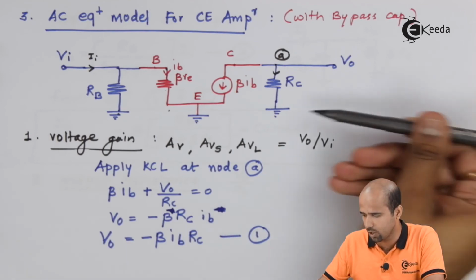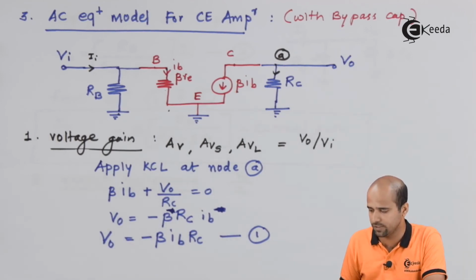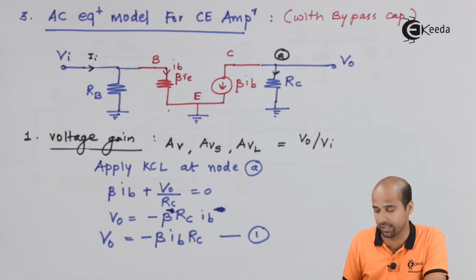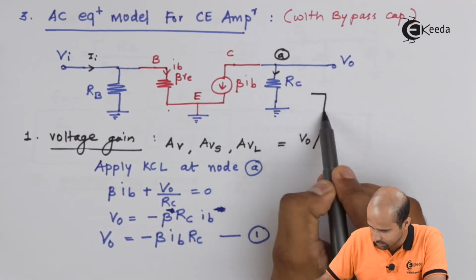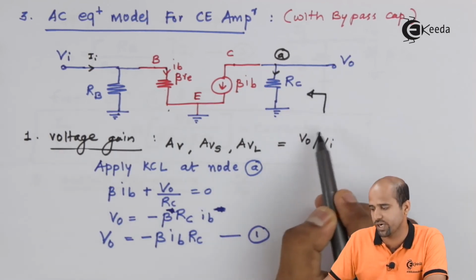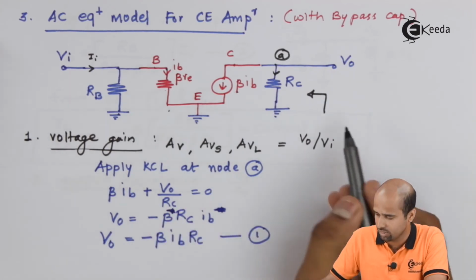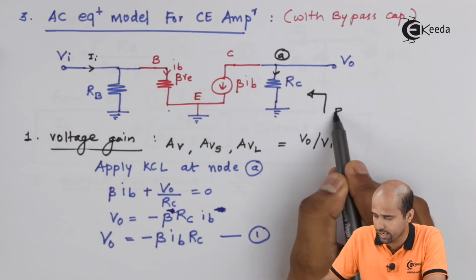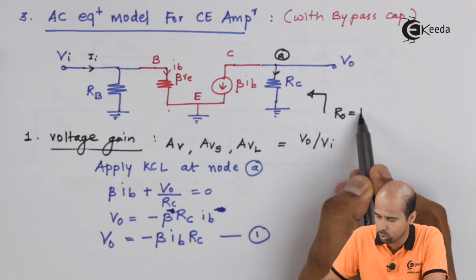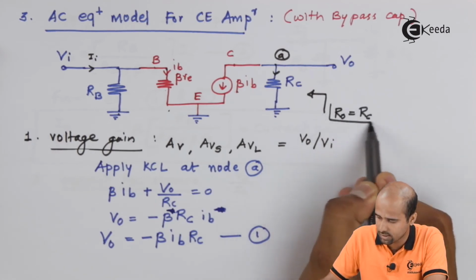Just look from the output side. How many resistances are you getting? If we take the resistance from the output side, right now I have only one resistance in my picture, that is nothing but RC. So here I can directly write down as RO is equal to RC.